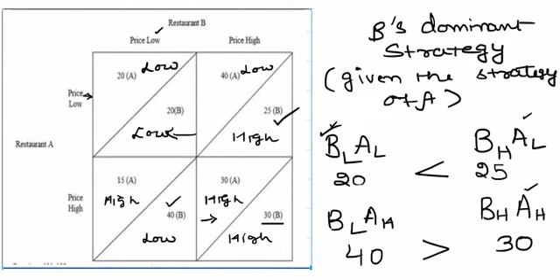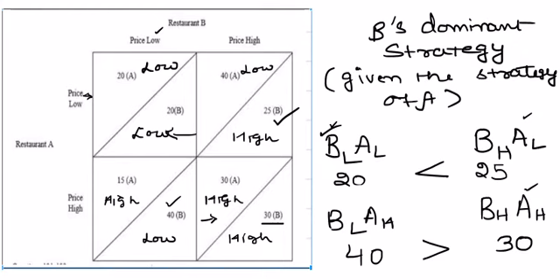Means the strategy of B actually depends on the strategy of A. That means B does not have any dominant strategy. Okay, but we can say that the best thing for B: when B keeps prices high, the dominant strategy for A was keeping prices low, and in that case the best strategy for B would be keeping prices high.